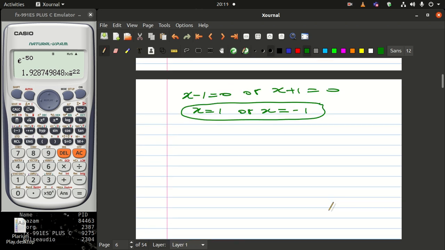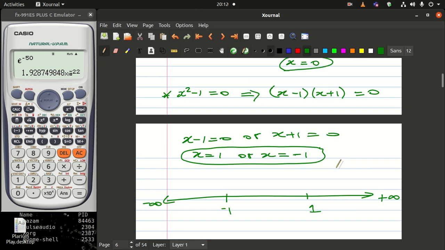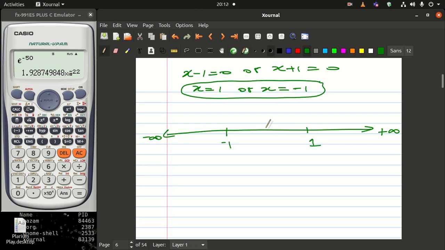So what is important now that we have these two critical numbers? The critical numbers we have here are a combination of these two and also the one that we have above. Of course, this number line is moving from negative infinity to positive infinity. The first critical number here is minus 1, the other one here is 1, and the one that we got by making the numerator equal to 0 is just sitting here.